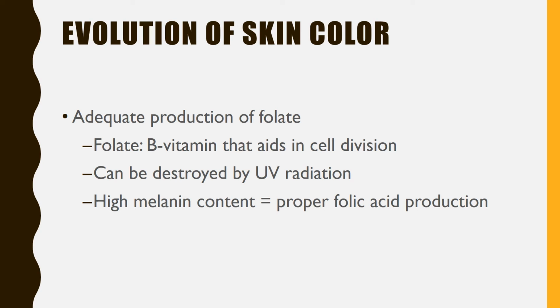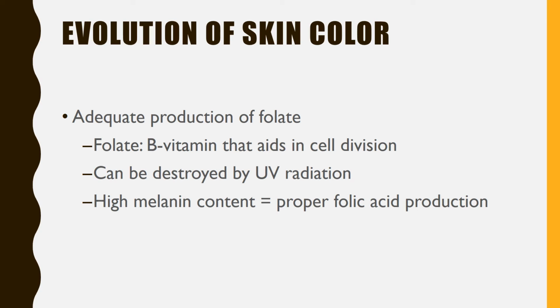Think about the growth and development of a baby in utero. The most important time for cell division is when that embryo is being developed. So if a pregnant mom doesn't have enough folate in their body, this can likely lead to birth defects because the fetus is not experiencing proper cell division throughout its growth and development process.